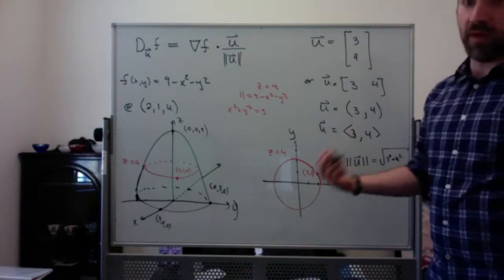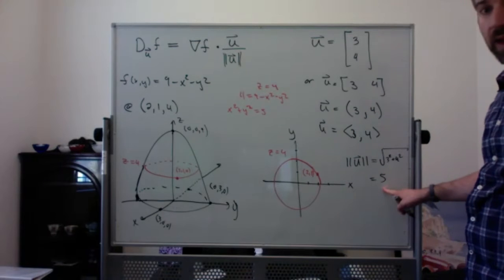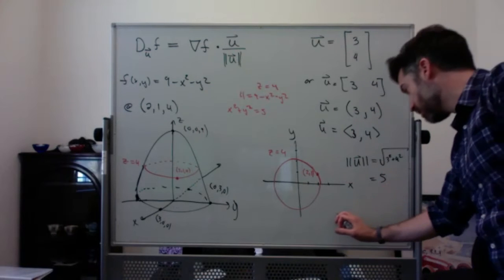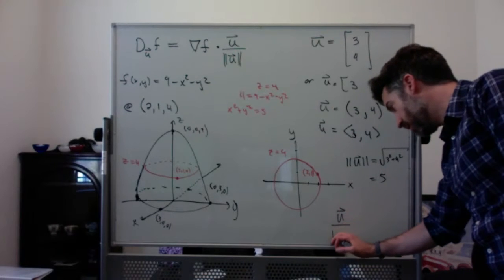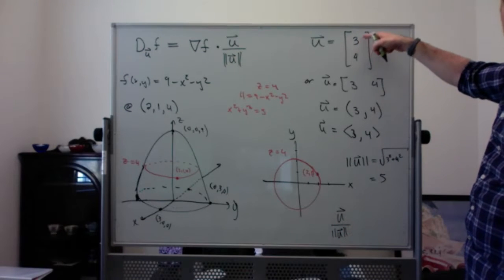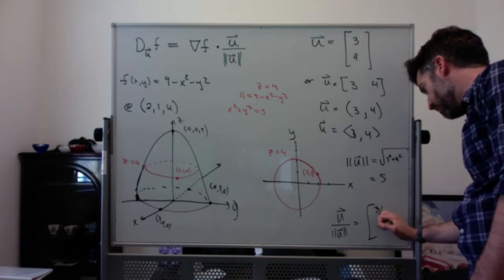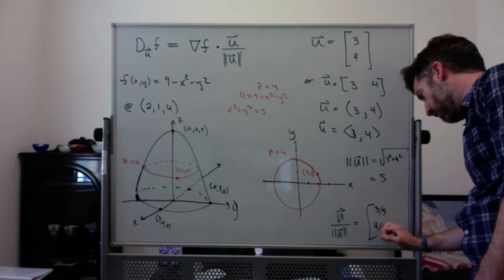So the unit vector in the same direction is this vector divided by 5, meaning u divided by the magnitude of u. If I divide this vector by 5, I'm just dividing each component by 5. It's the vector 3/5, 4/5.